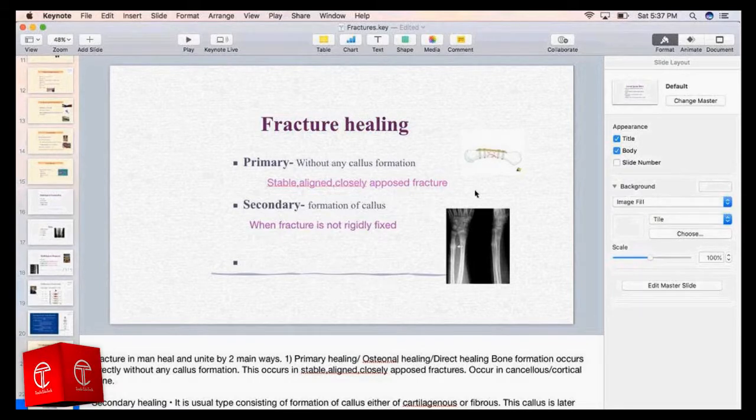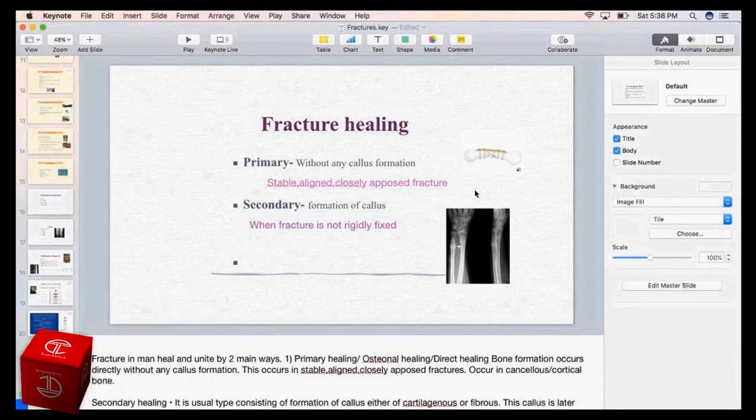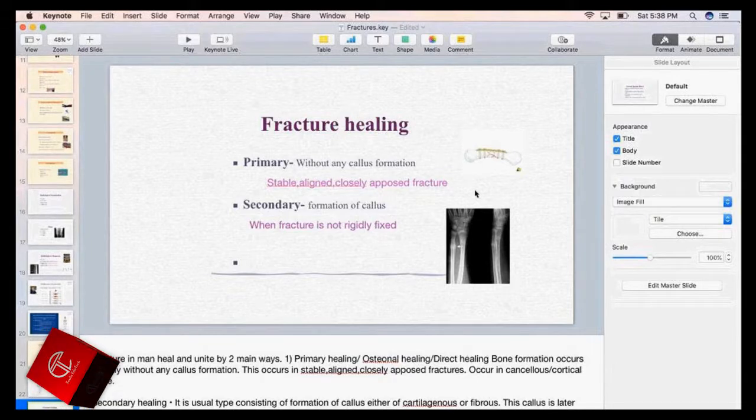Fractures treated with plate and screw fixation unite by primary healing. When you fix a fracture in a very rigid manner with a plate and screws, or with an intramedullary nail with locking screws, it will heal without external callus. That is primary healing.